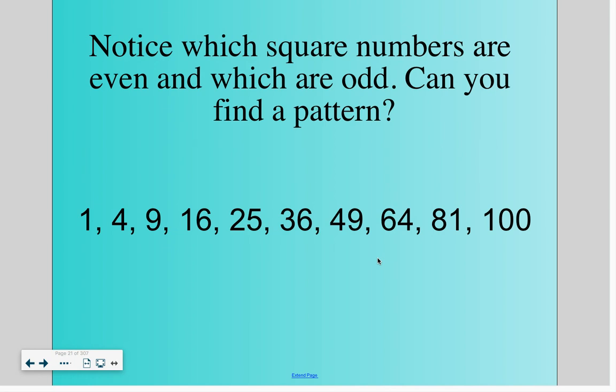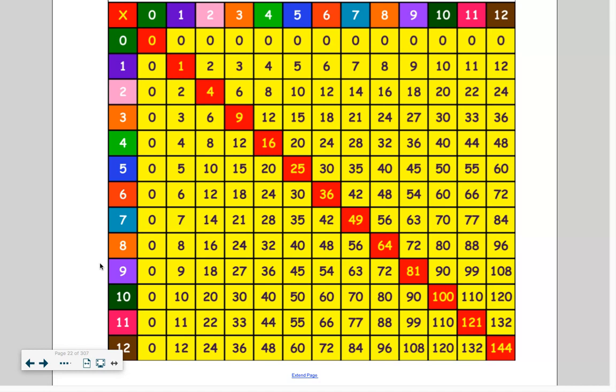So we spoke a little bit before about how square numbers go in a pattern odd, even, and we get them by multiplying a number by itself. One last thing you'll notice is on a multiplication chart, our square numbers actually make the perfect diagonal because 3 times 3, when they match together, they make 9. 4 times 4, 5 times 5, 6 times 6, 7 times 7, and on.